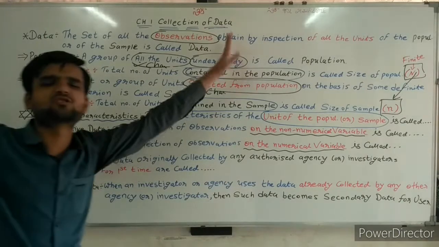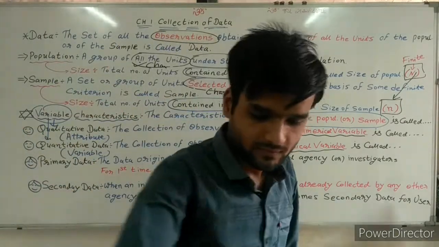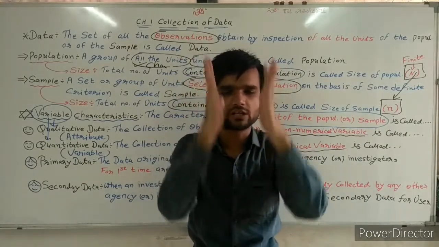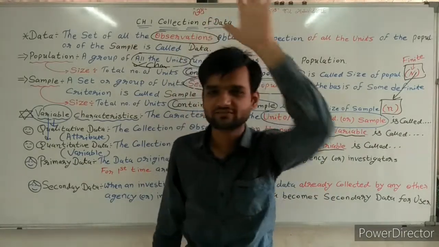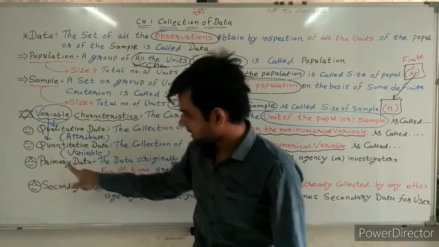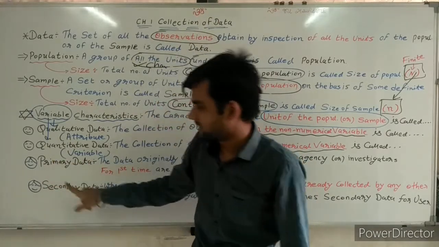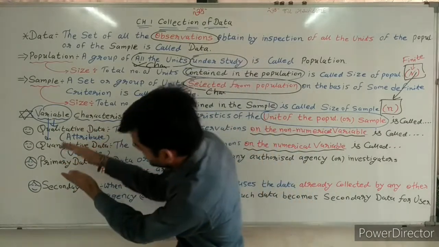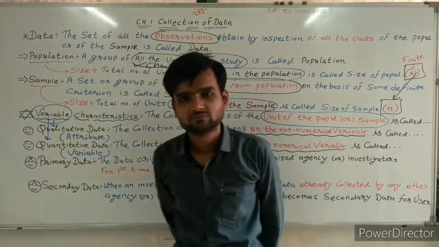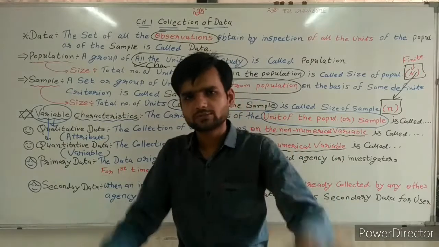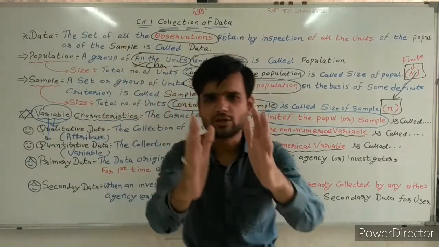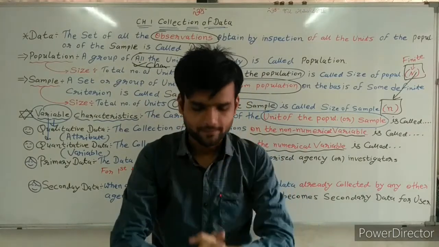Now sir, last two things, very important one for your examination. Primary data, secondary data. So what is primary and what is secondary? Qualitative, quantitative, clear. But what is primary and what is secondary? So try to understand, please.